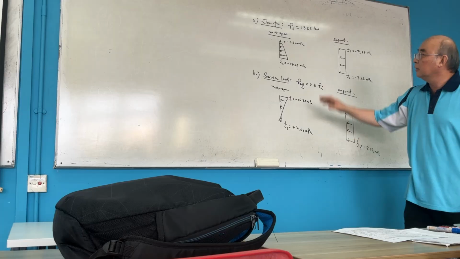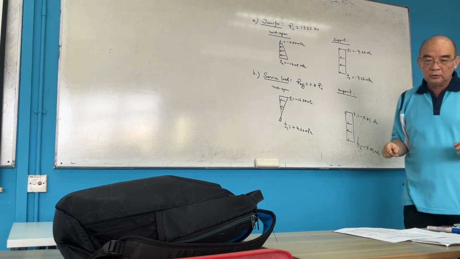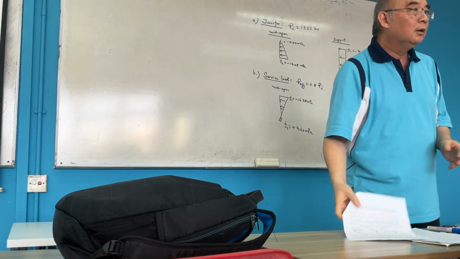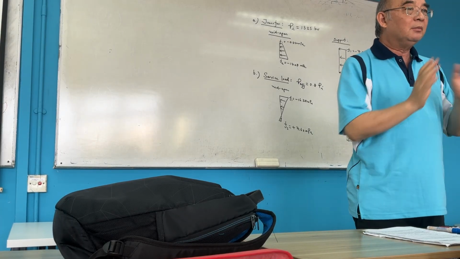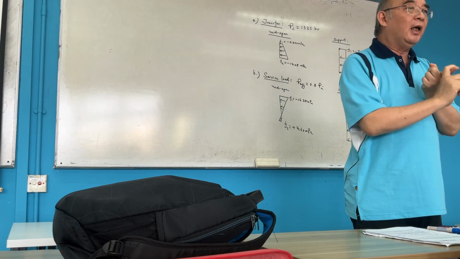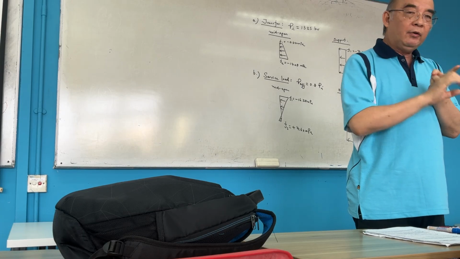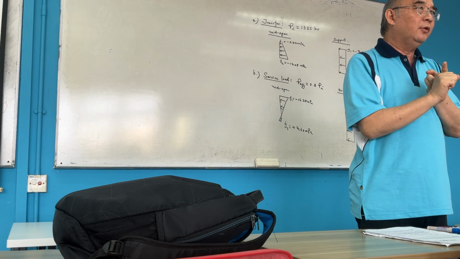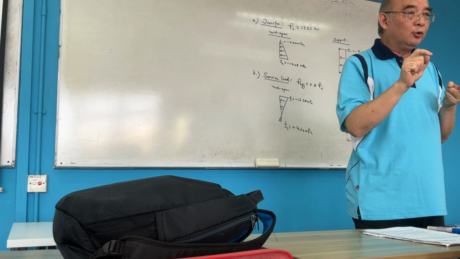Now remember in the test, the cross section is rectangular. In the final exam, it's not rectangular, it's a funny shape. But I give you the area, you don't need to calculate. I also give you the moment of inertia, and I give you Y1 and Y2.